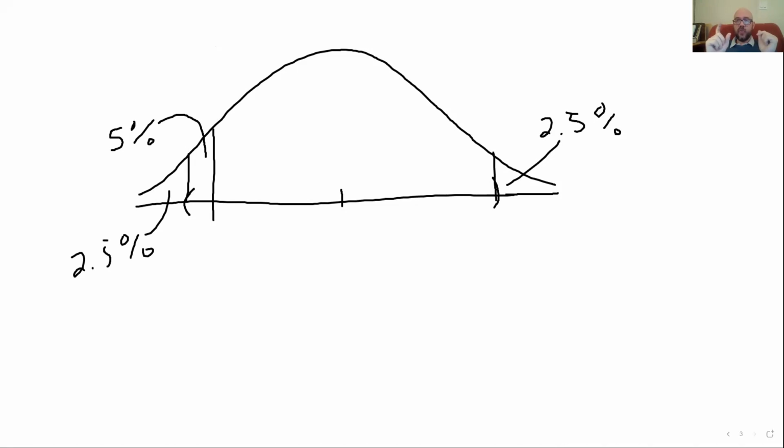And this is one of those rare cases where the difference between this and this mattered. Like what I'm trying to say here, our mean difference fell in this region here between the 2.5 and the 5%.